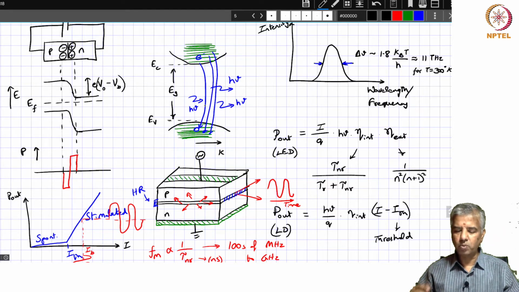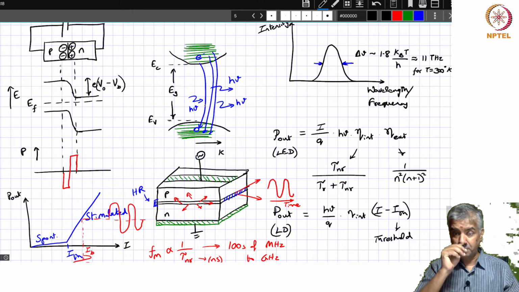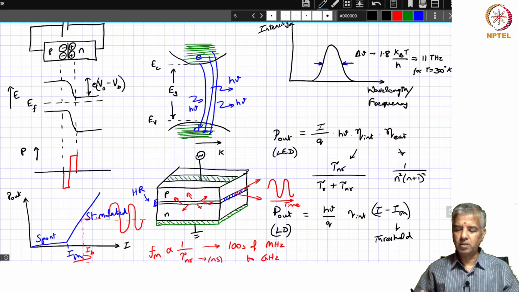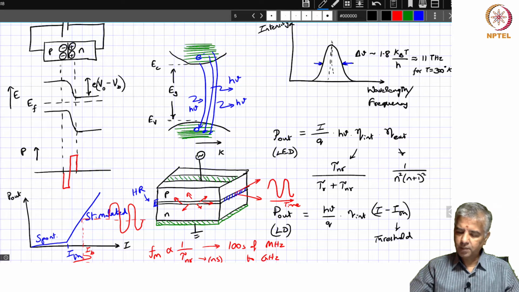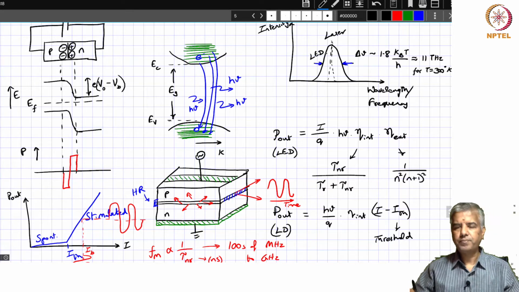And then we look at what is the difference between a light emitting diode, which has a relatively larger spectral width, versus a laser diode whose spectral width is going to be typically much more narrow. So this is for a laser, whereas this is for an LED, right?